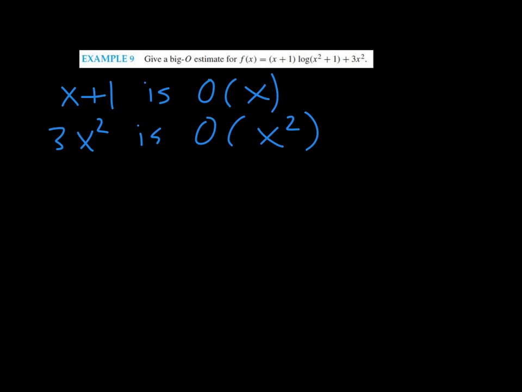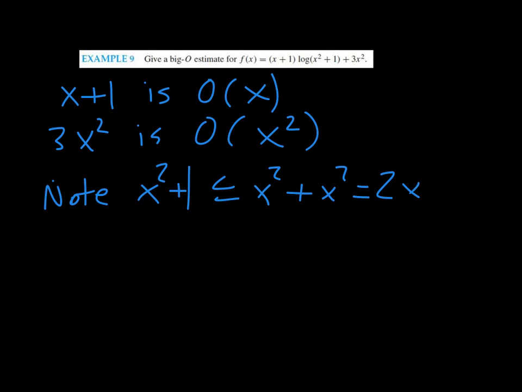So for the last bit that's left, the log of x squared plus 1, notice that x squared plus 1 is less than or equal to x squared plus x squared, which is equal to 2x squared, as long as we ensure that x is bigger than 1.